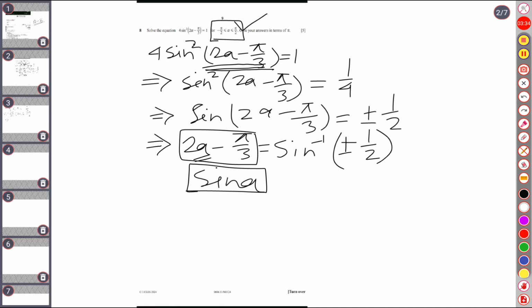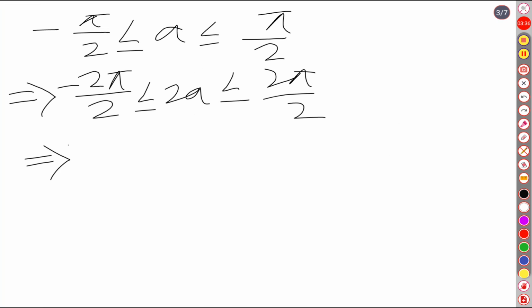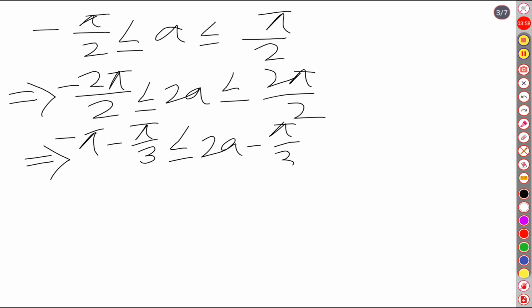So pi over 3 should be subtracted. 2 pi over 2, if we simplify, is going to be only pi. So negative pi minus pi over 3, and twice alpha minus pi over 3 is less than or equal to pi minus pi over 3.